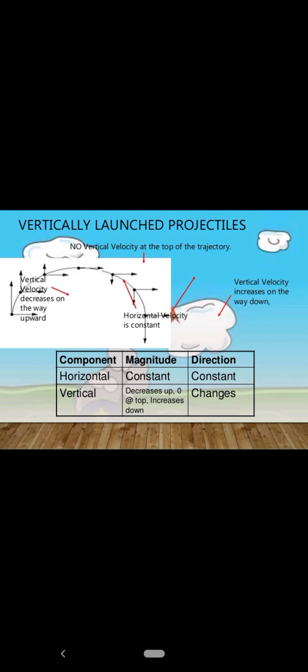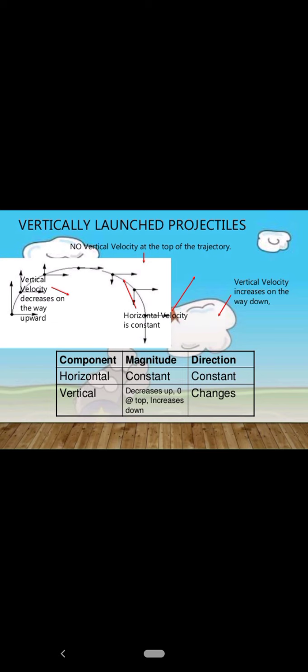Next, let's discuss the vertically launched projectile. In a vertically launched projectile, the projectile is thrown upward or at some angle from the horizontal. The path is shown in the diagram.